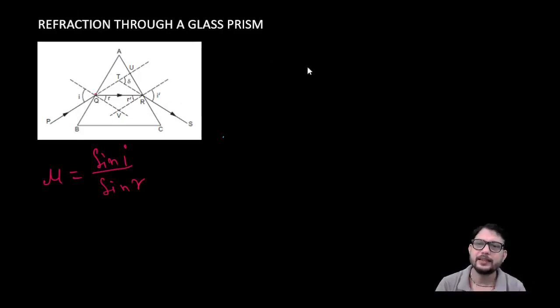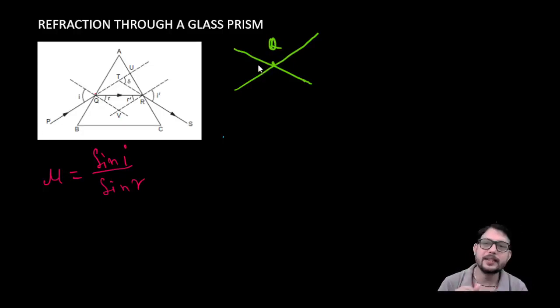Here we can simply take two lines. This is your point Q, and on one side this is your angle i, and one ray is passing this way.